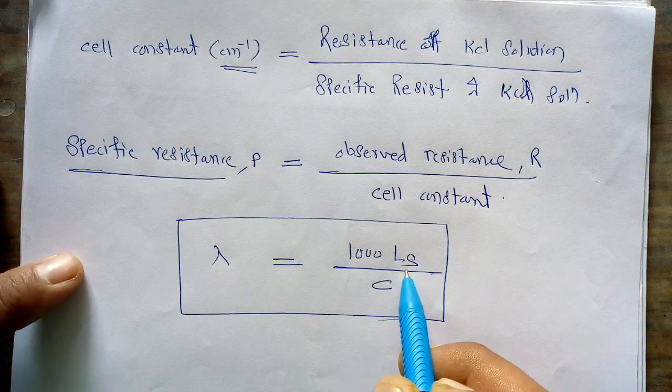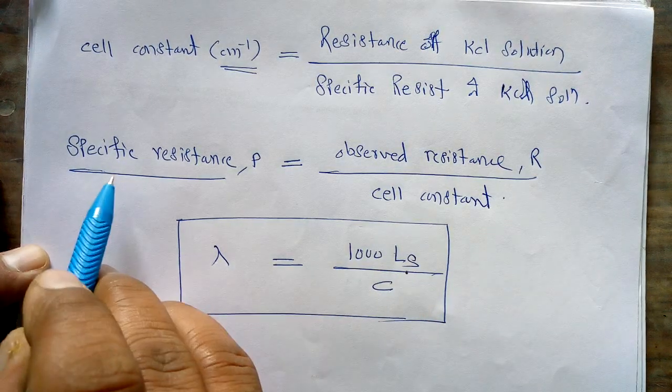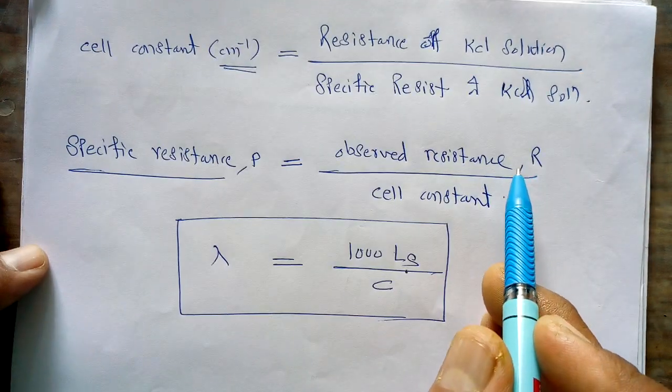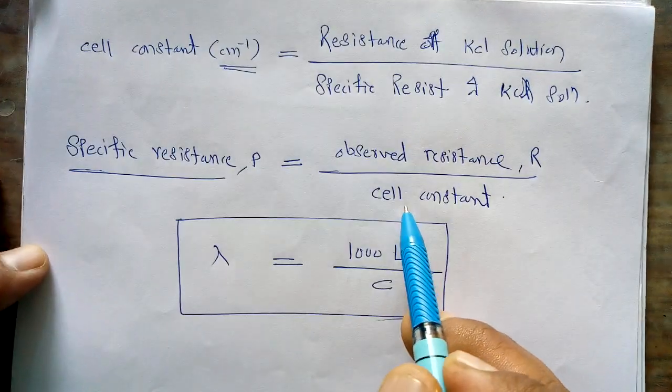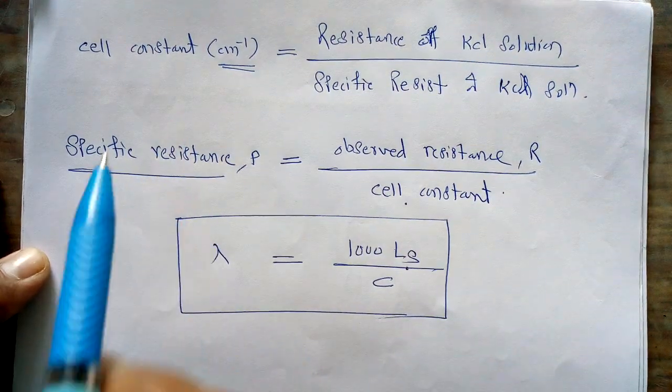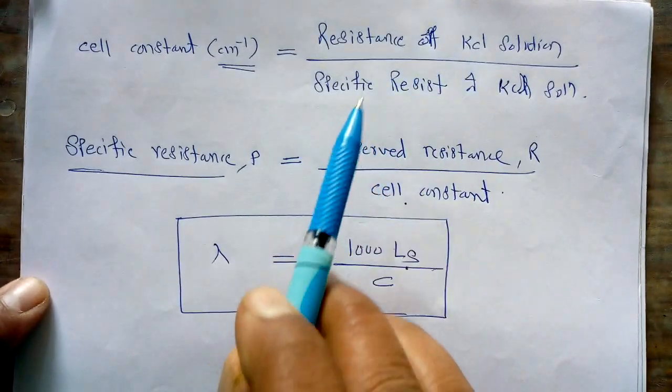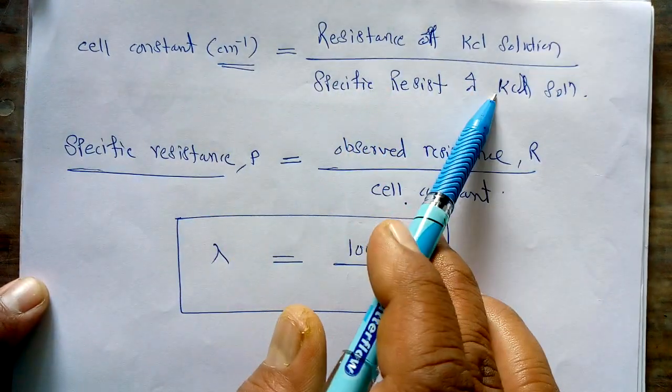To calculate the specific conductance, we must know the specific resistance, given by rho equal to the observed resistance R divided by the cell constant. Then how to calculate the cell constant? It is calculated as the resistance of KCl solution divided by the specific resistance of KCl solution.